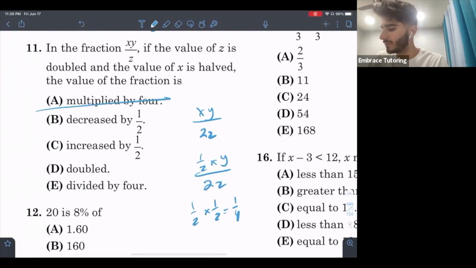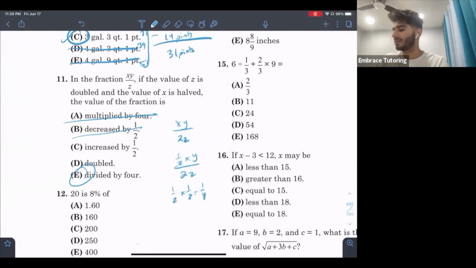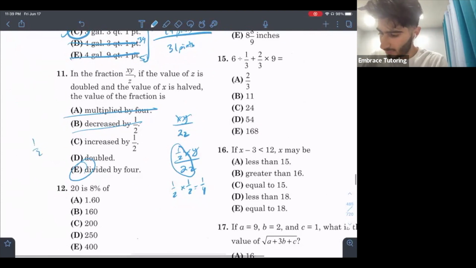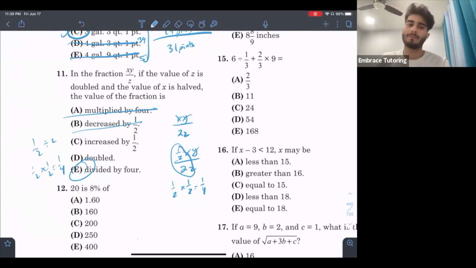It's basically not multiplied by 4, it's divided by 4, because if you have the x's eliminated and the y's become the same, it's just between these two. 1/2 divided by 2 is 1/2 times 1/2, which is 1/4, which is just dividing by 4, which is choice E. So this is also a trick problem. Understanding the way to format it and set up is crucial.